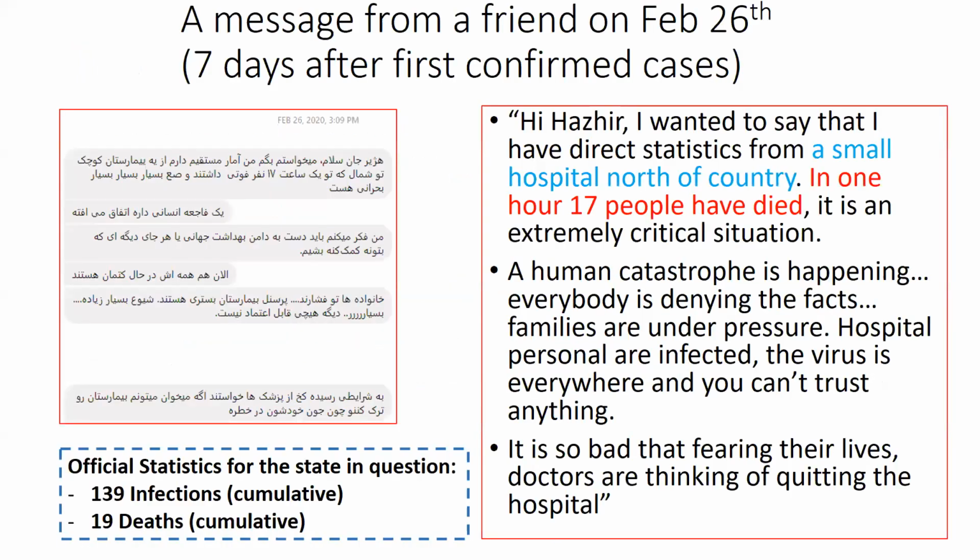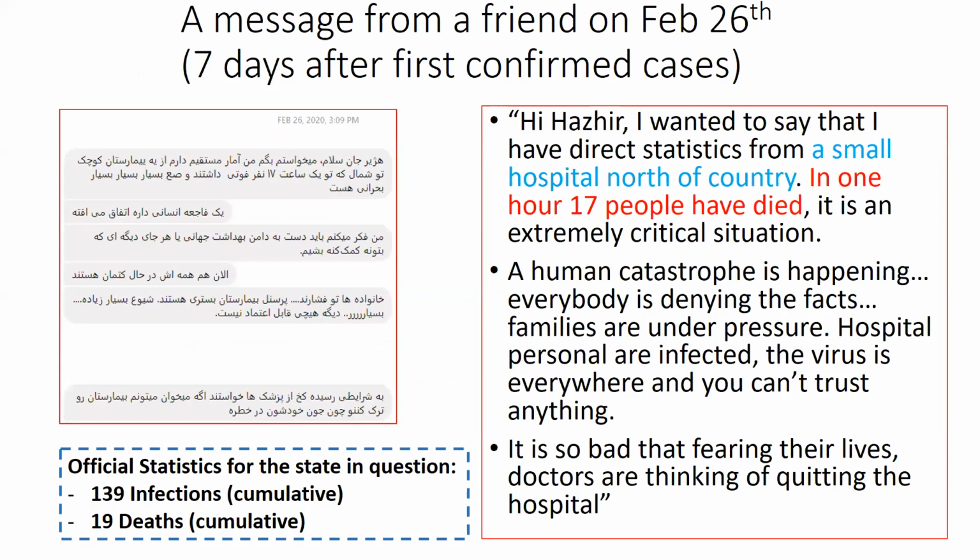To motivate this study, this is a message that my co-author received from a friend in Iran who was working in a hospital. They said that in an hour, in one single hospital, 17 people died, and doctors believed that their deaths were linked to COVID-19 through CT scans or other indicators.